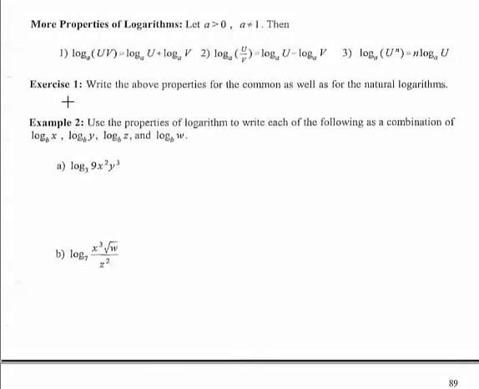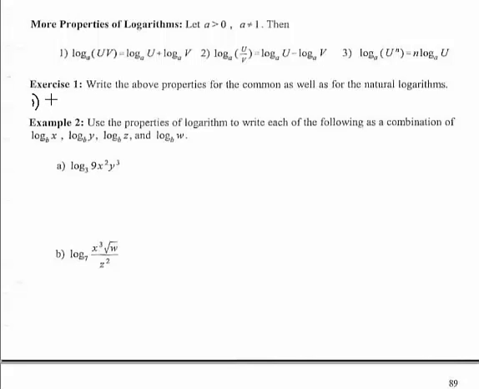So with this exercise 1, it's merely wanting to point out the fact that this base could be any base, and the properties that were listed, property 1, 2, and 3, would still apply. So we could rewrite these properties with respect to the common log or the natural log or a log base 2 or a log base 5.